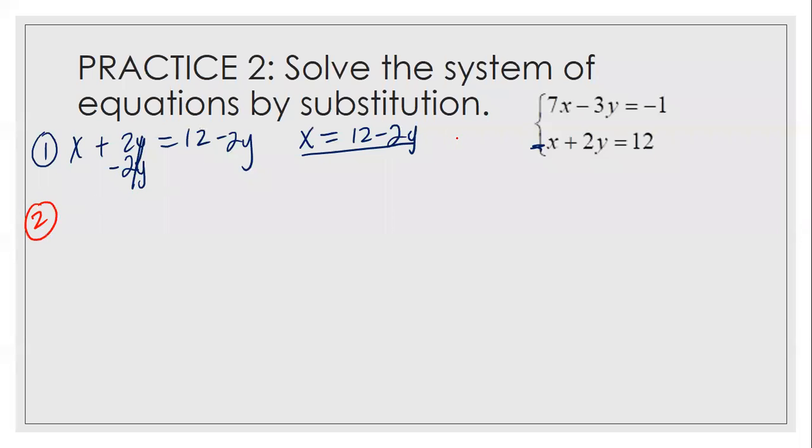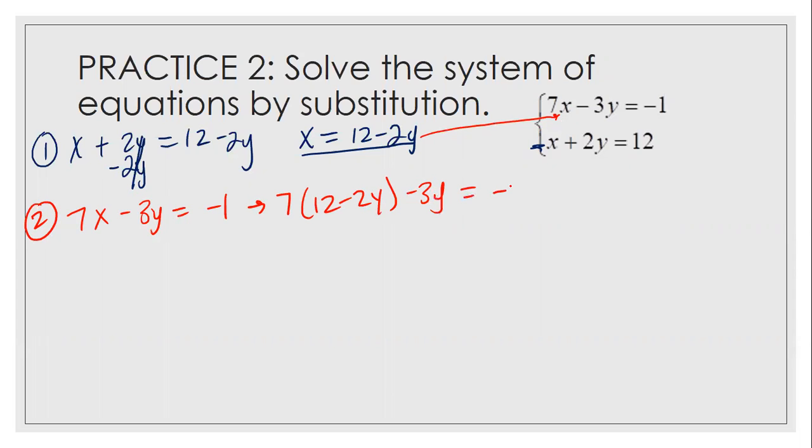Okay. Step 2 is you're going to substitute this in for x, right? So we have 7x minus 3y equals negative 1. This becomes 7 times 12 minus 2y, minus 3y equals negative 1. Now our goal is to get y by itself.